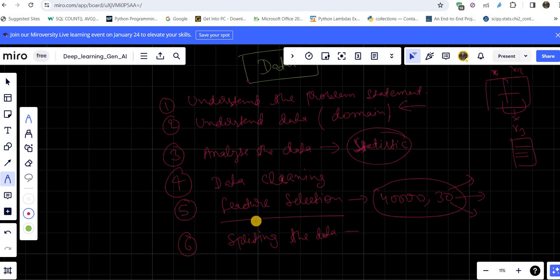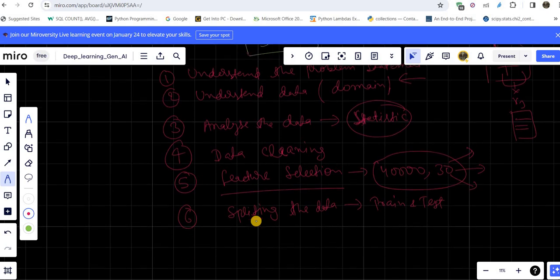Splitting the data into train and test. Why do we need a data split? I already told you in one of the classes that if this is your data, one part of the data is for model training, maybe 70% or 80%, and the other part is 30% or 20%.